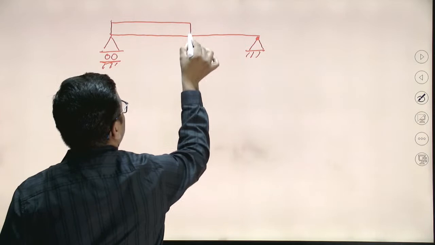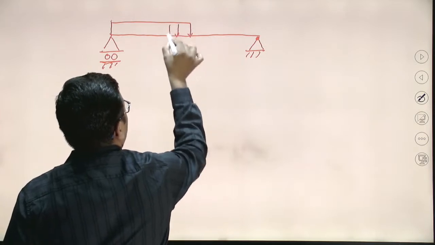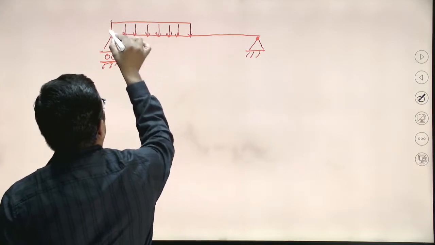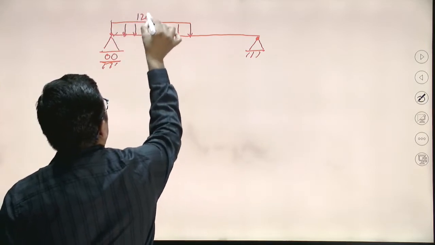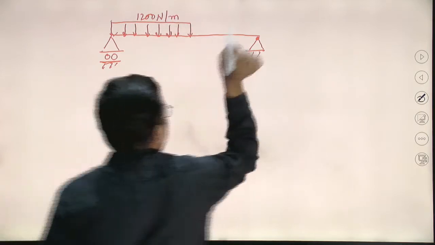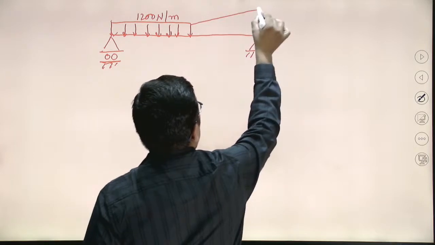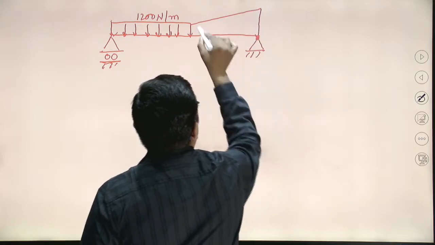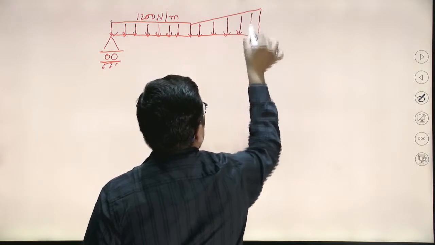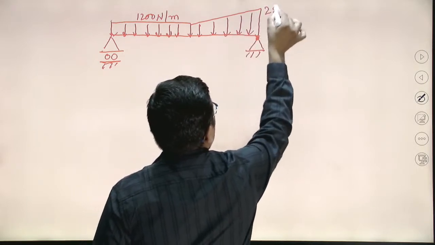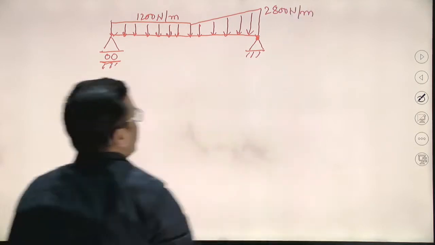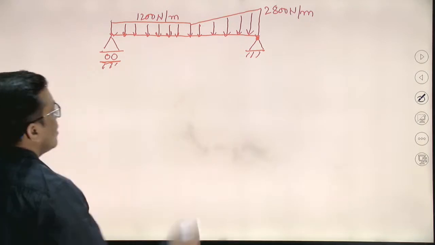From here to here there is a UDL of 1200 Newton per meter intensity, and here we have a UVL which reaches up to the value of 2800 Newton per meter.